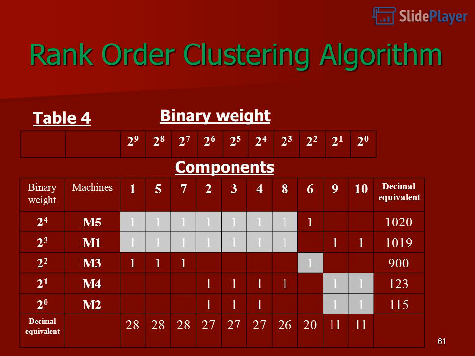Decimal equivalent: M5, 1020; M1, 1019; M3, 900; M4, 123; M2, 115.